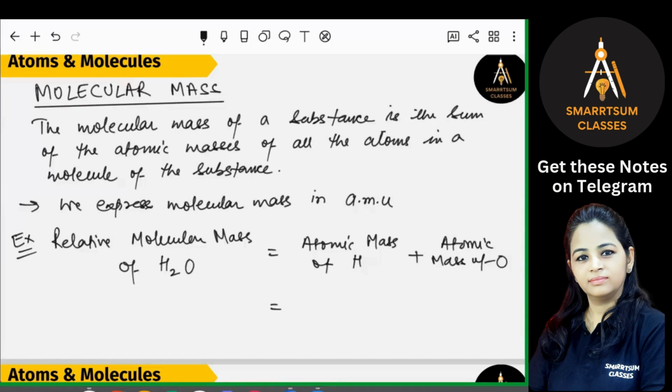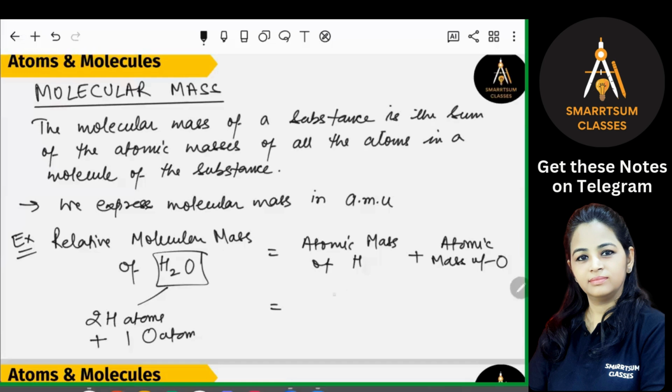But this water molecule, H2O, contains 2 hydrogen atoms and 1 oxygen atom. Each hydrogen atom has an atomic mass of 1 AMU, and each oxygen atom has an atomic mass of 16 u. So how do we find the molecular mass of the water molecule?